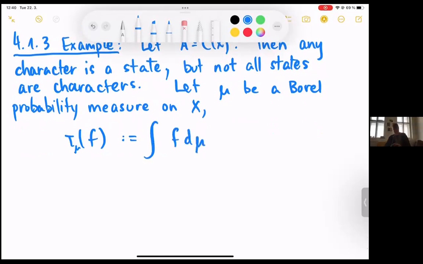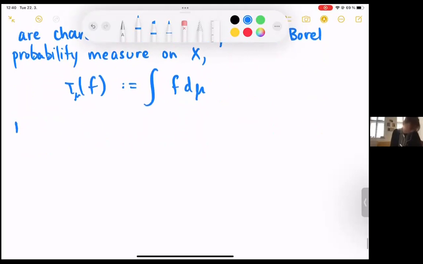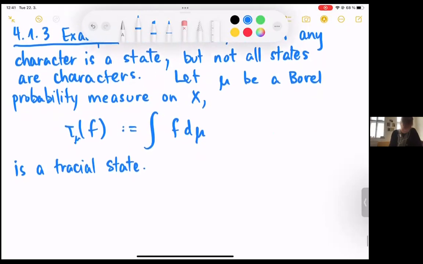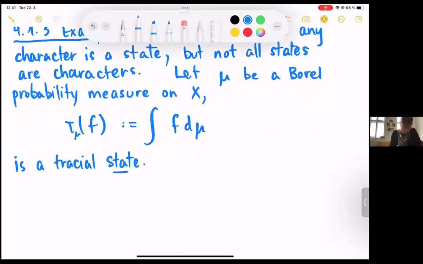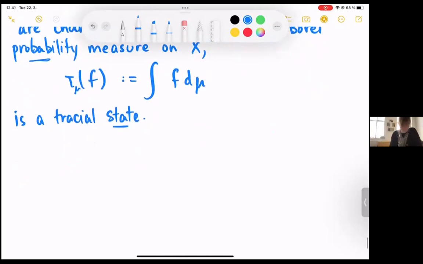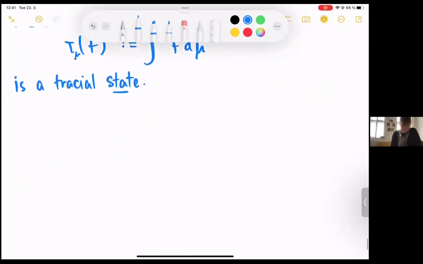This is a tracial state. The fact that it's a state is because we chose a probability measure, so you can, of course, get more general functionals by relaxing that condition.